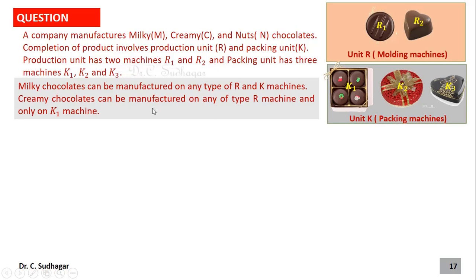Creamy chocolate can be manufactured on any type of R machine. So when you come to creamy, the second type of chocolate, it can be molded by using this one or this one, and only on K1. That means it can be packed only like this. That is a given condition in the question.